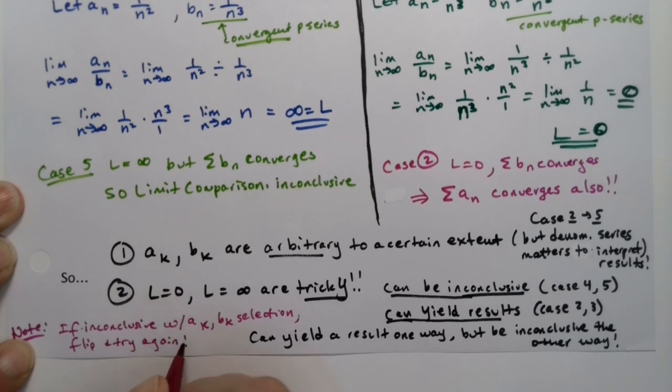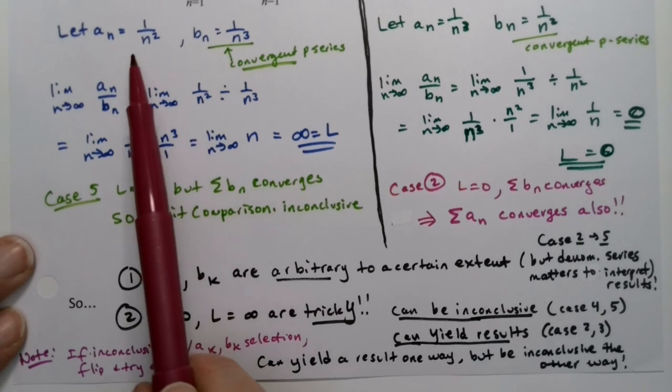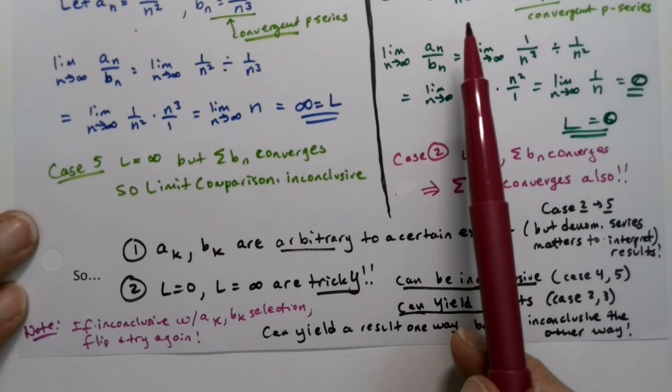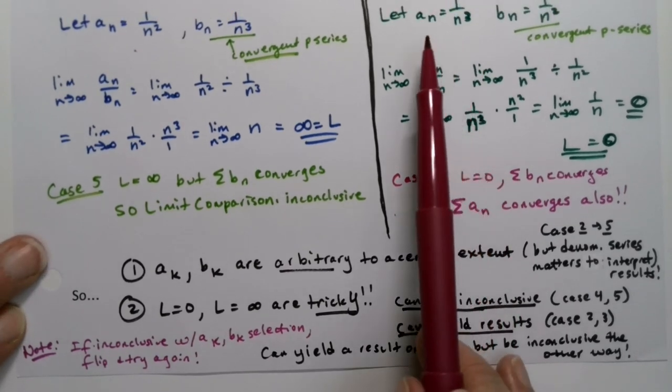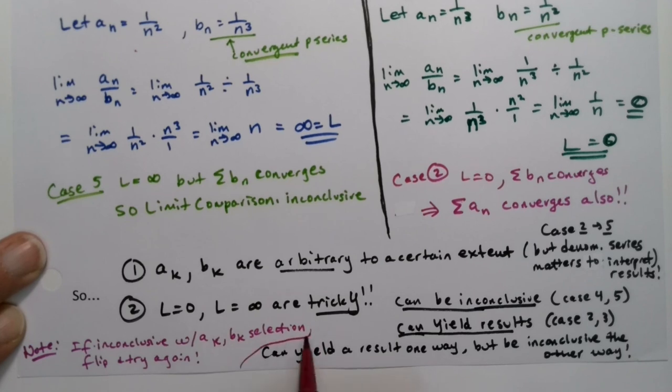Which is what we did down here for this one. We had it be inconclusive with a sub n being this one and b sub n being this one, so we reversed it. We flipped them, and then it worked out and yielded results. So that's another thing to note right here. So we have several notes down here.